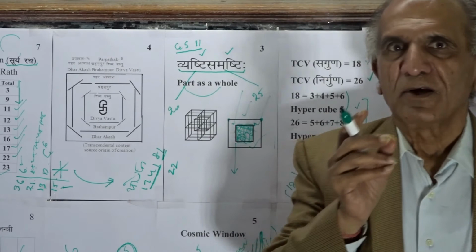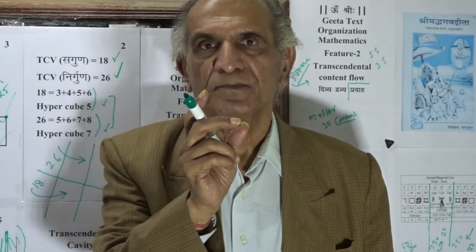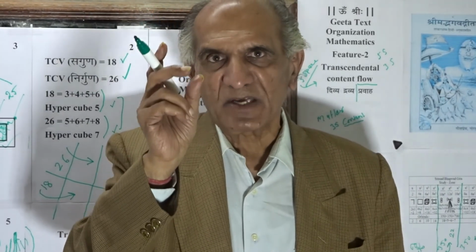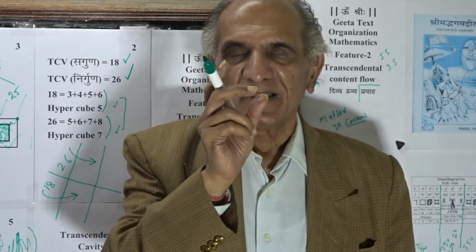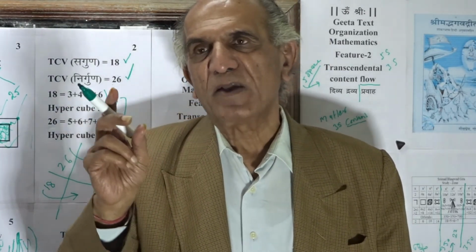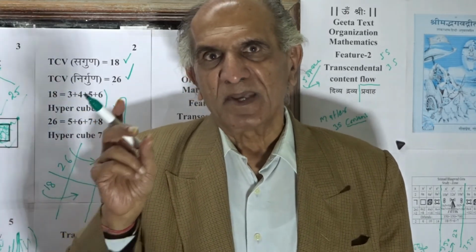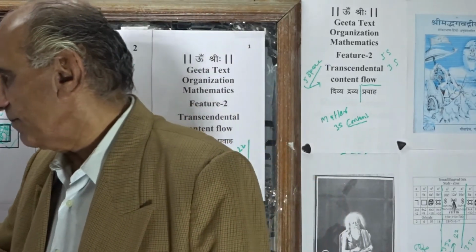Therefore, yojan is a unit of the cosmic universe, and this value is parallel to the value of hypercube 6, and this value is parallel to the formulation Jantri.